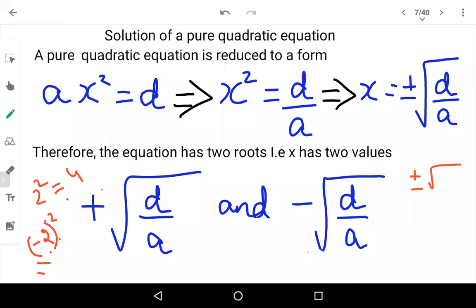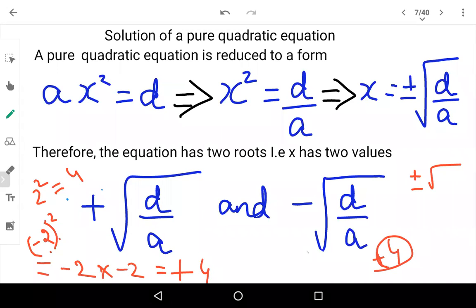If you calculate in the calculator, minus 2 into minus 2, minus into minus is plus, 2 2s are 4. So minus 2 square is also plus 4, plus 2 square is also plus 4 only.